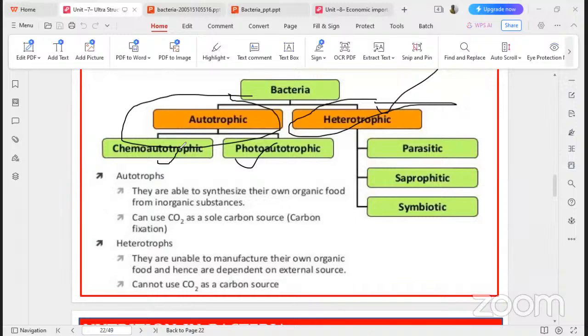Photosynthesis. You know photosynthesis, the synthesis of food material under light. That is photosynthesis, the basic life-giving reaction. Like that, here also photosynthetic bacteria are present, which we call photoautotrophs. Photoautotrophs and chemoautotrophs.